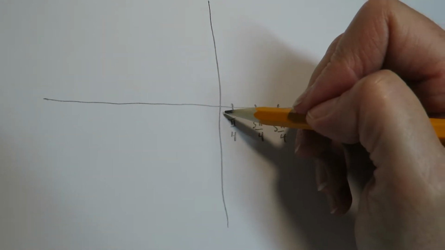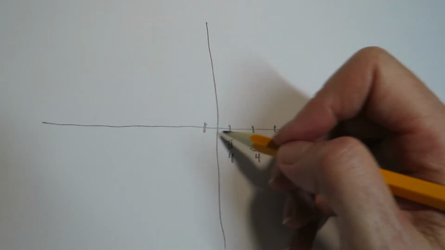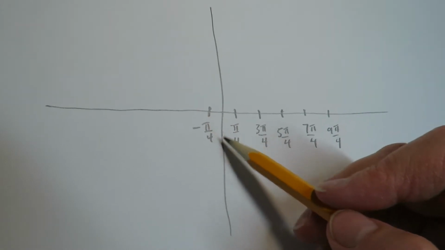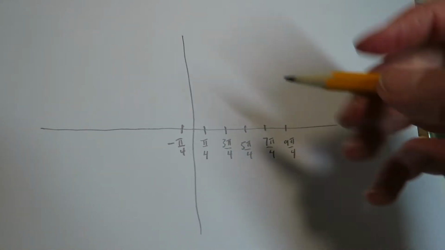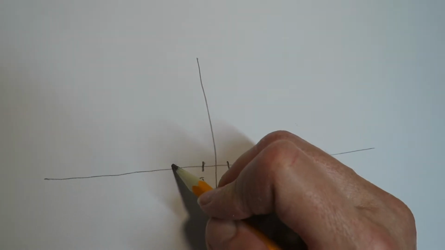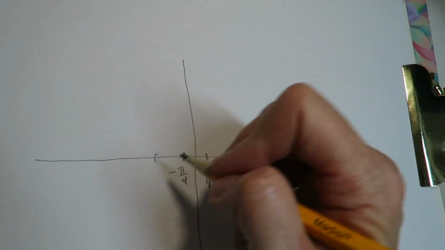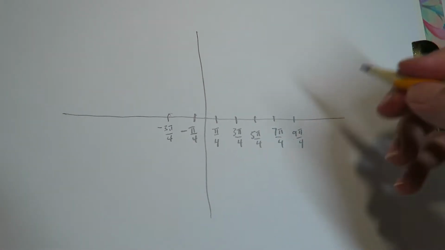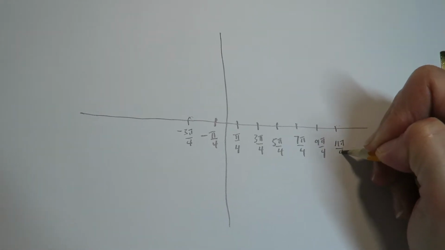Okay, so it's not going to touch 0 because the width of one jump is pi over 2. So if I go to the left, the next x value it will use will be negative pi over 4, and so on. Okay, this will be negative 3 pi over 4, and so on. Okay, this side, let me pull this a little bit out. 11 pi over 4.